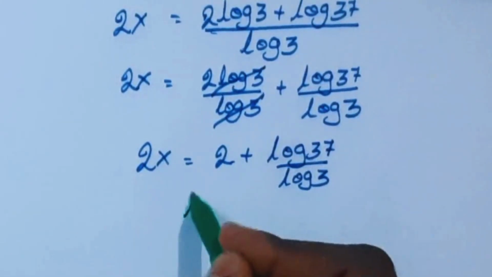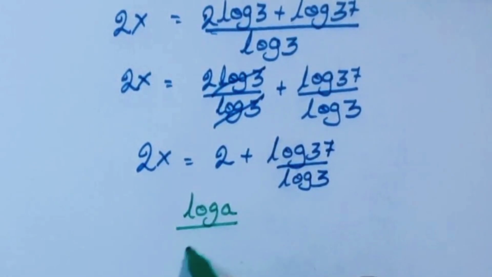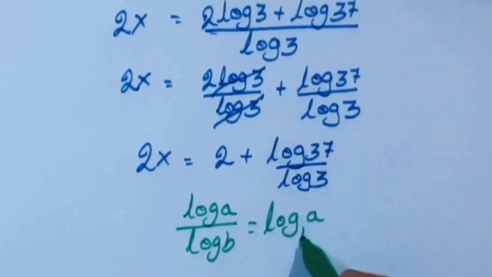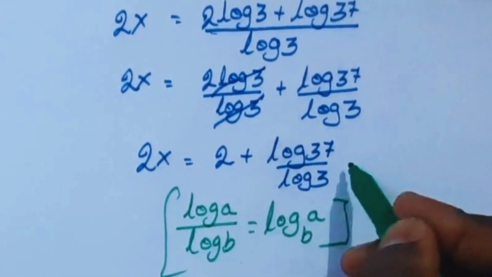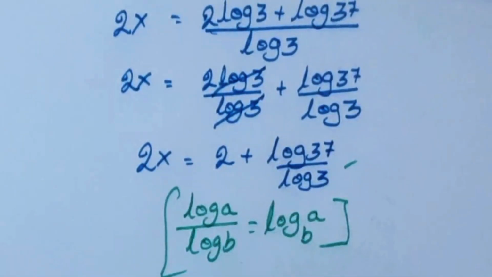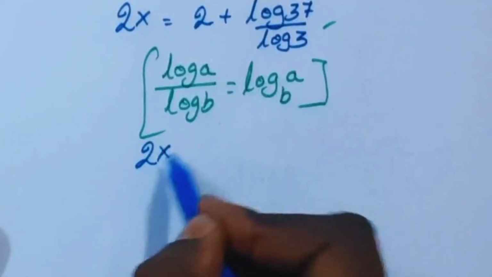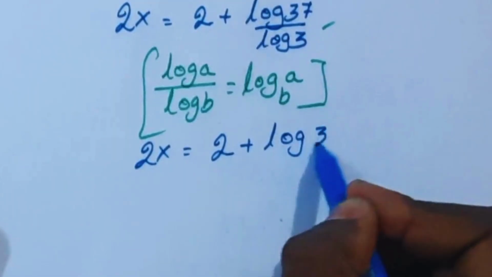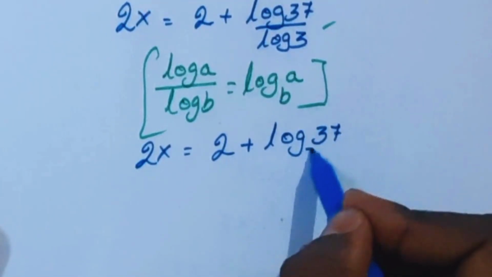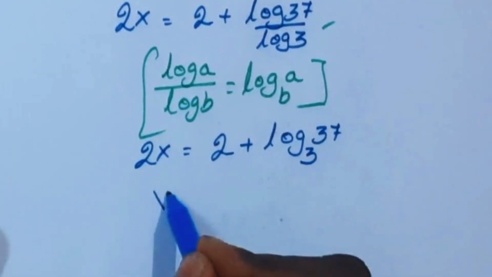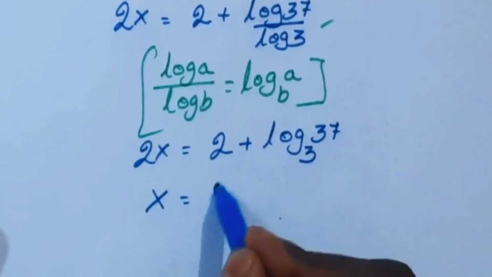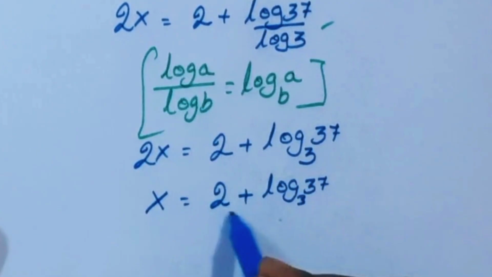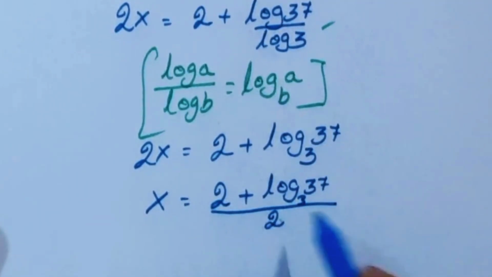According to this log formula, log a by log b equal to log a base b. This formula we are going to apply here. So we'll get 2x equal to 2 plus log 37 base 3. Now x equal to 2 plus log 37 base 3 by 2, this 2 comes here.